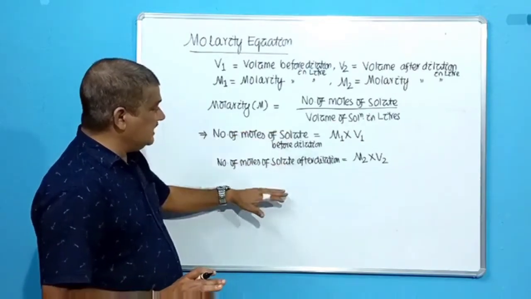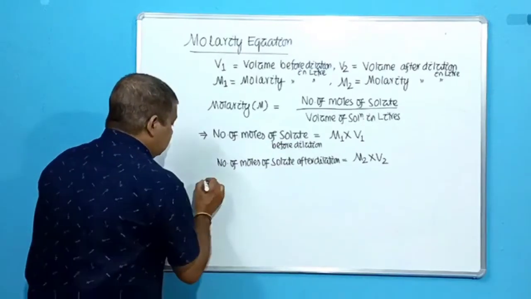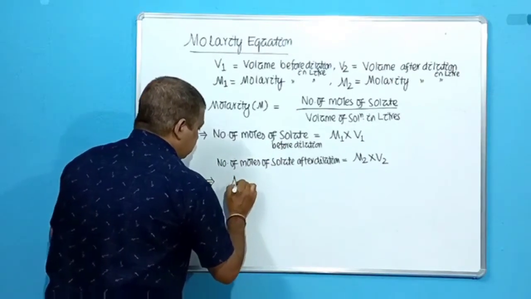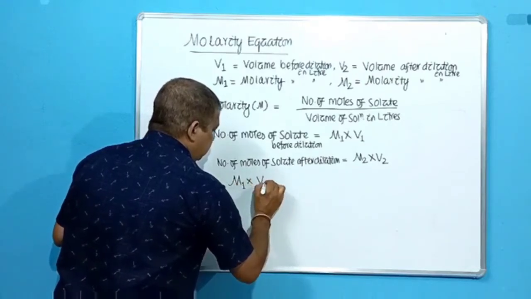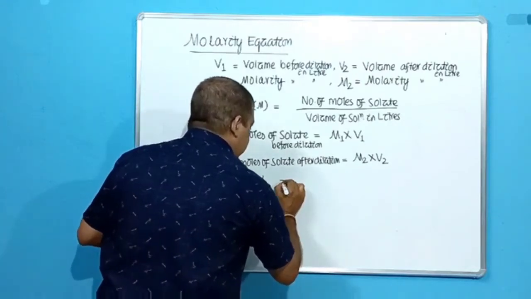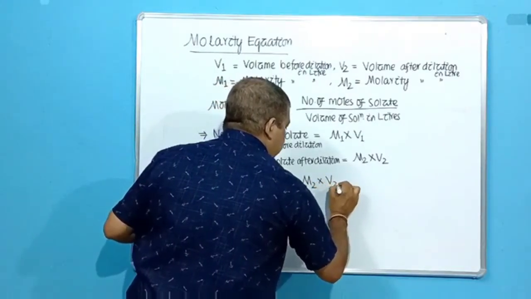That means the left hand side of these two equations are the same. So the right hand side will be the same. So we can write M1 into V1 will be equal to M2 into V2.